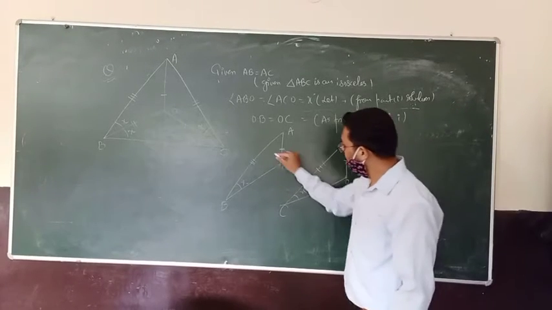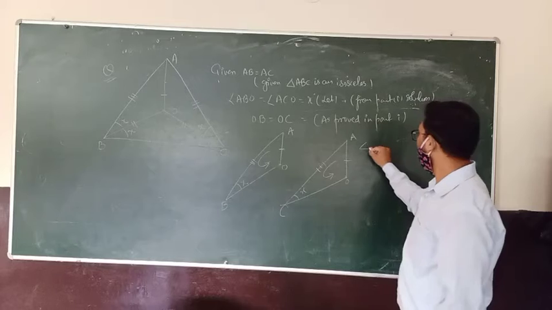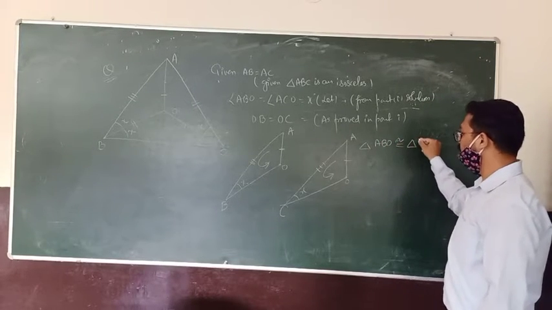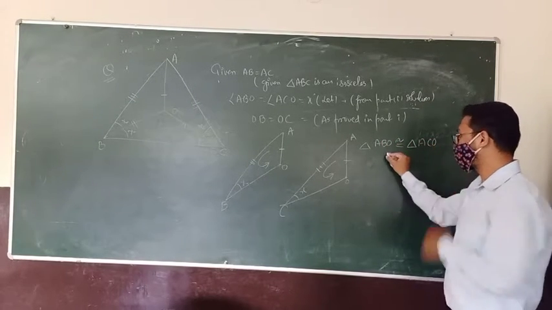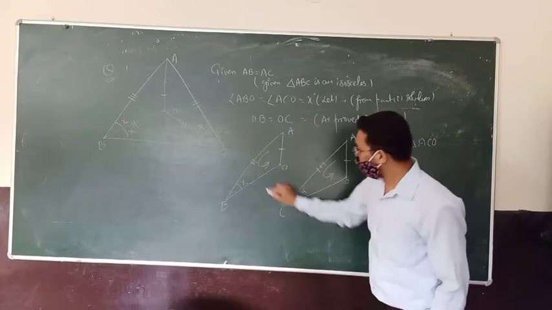Now you can say angle ABO and angle ACO. Triangle ABO is congruent to triangle ACO by side angle side.